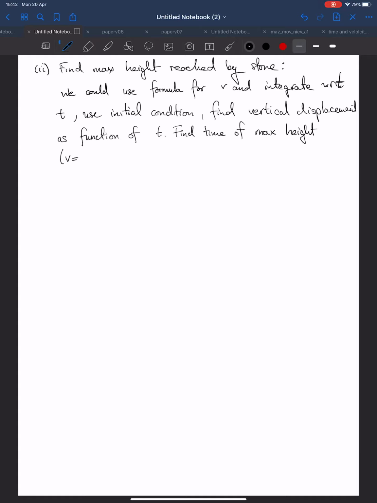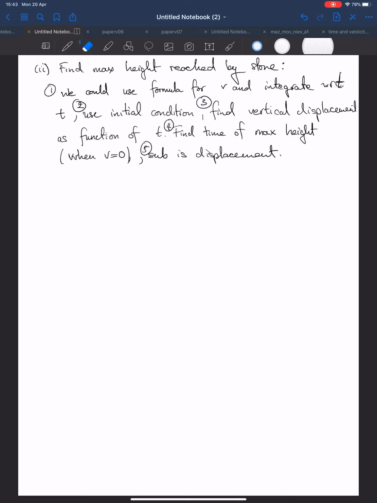Remember, this is when v equals 0, as I demonstrated on the graph before. And then sub in the displacement. Okay, so quite a few steps to do. So that's 1, 2, vertical displacement 3, find the max height 4, and then 5, sub in the displacement. So this is quite involved, but there is a quicker way.